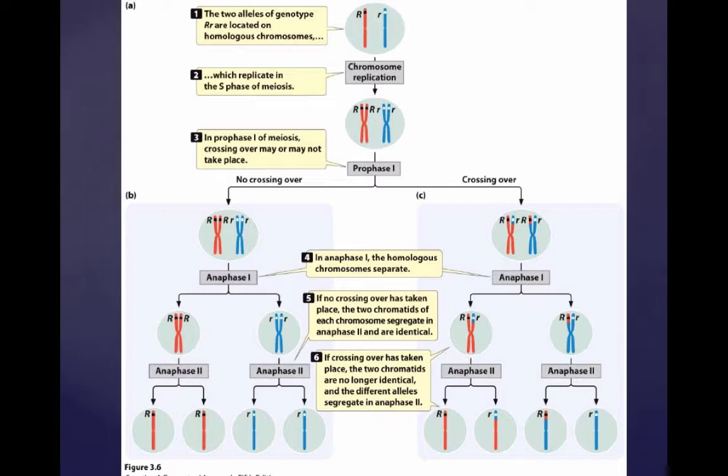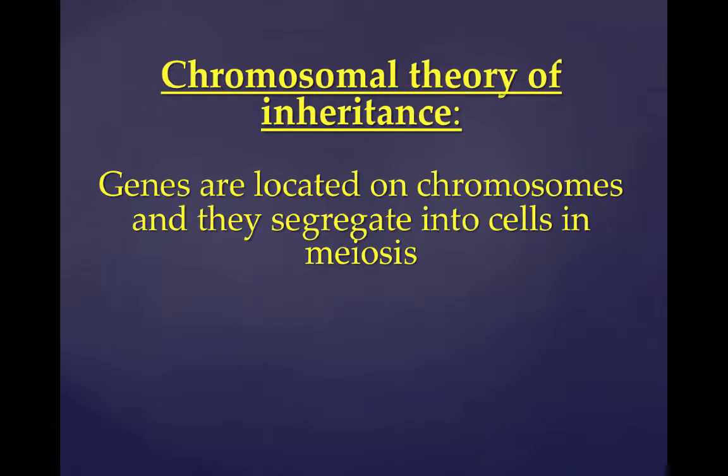So, because they're no longer identical, the different alleles are then going to segregate and have different genotypes in anaphase 2. So that whole concept really led to the chromosomal theory of inheritance, which is kind of like a sub principle of his first principle. This is really where genes are located on chromosomes, and as they segregate into cells, they do so in meiosis.